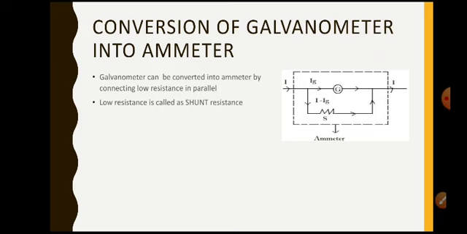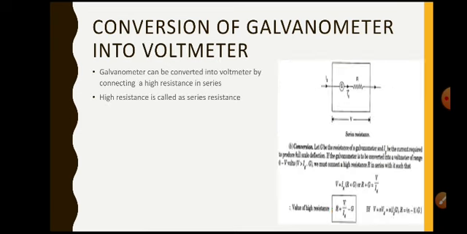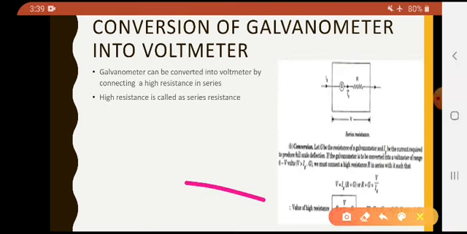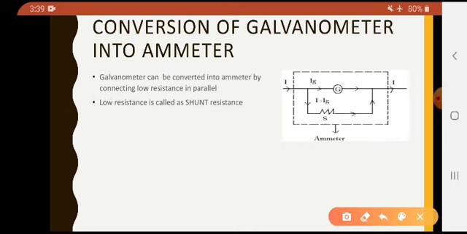Here the galvanometer resistance is taken as G, and the maximum current to be measured is I. The maximum current that passes through the galvanometer is Ig.